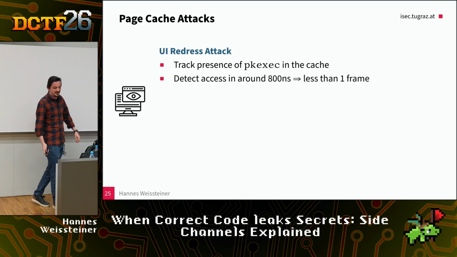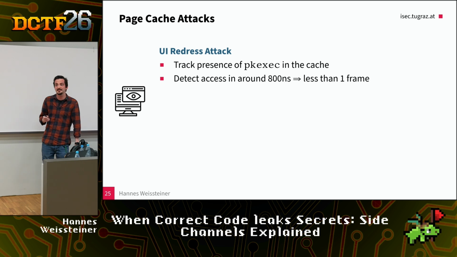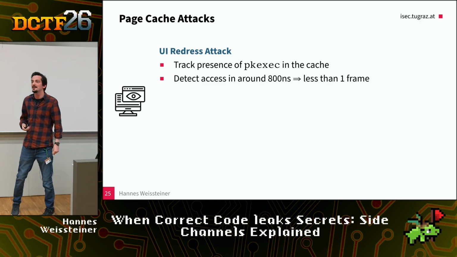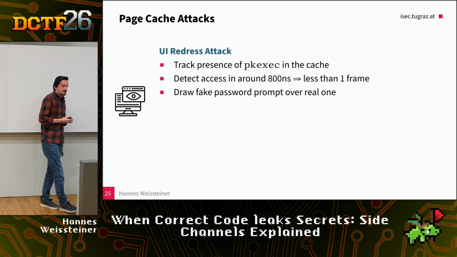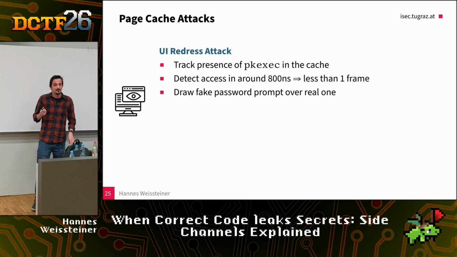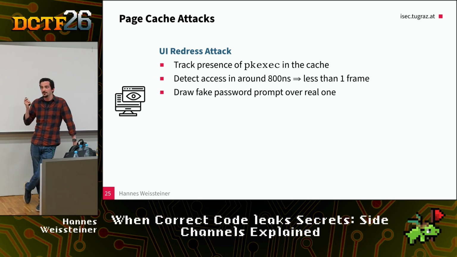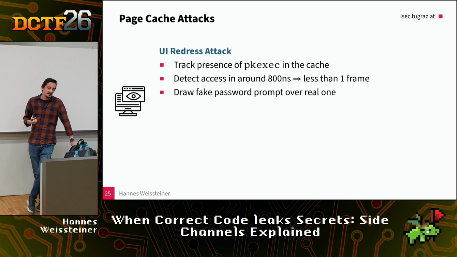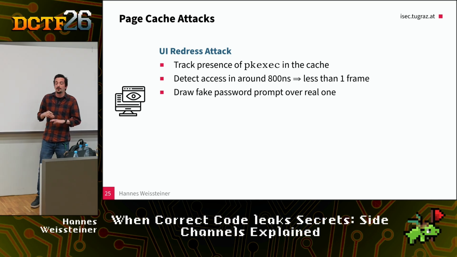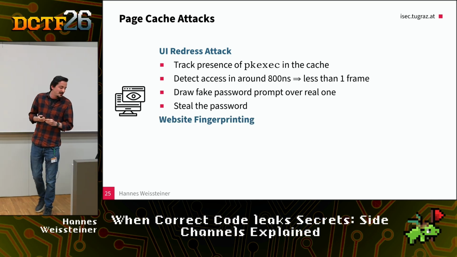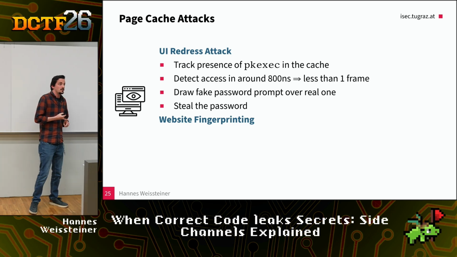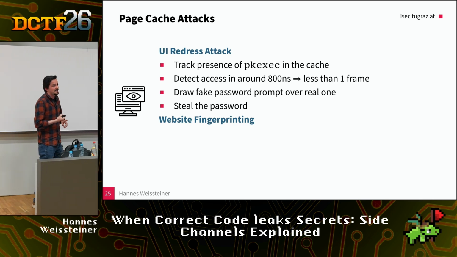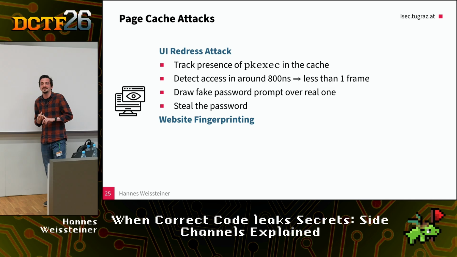By tracking the page cache, they could detect that you wanted to start this program in 800 nanoseconds, which is less than 1 frame. So they could draw a fake password prompt over your real pkexec window before it was even rendered, and steal your password. This works on latest KDE Plasma. It also works on SteamOS, funnily.